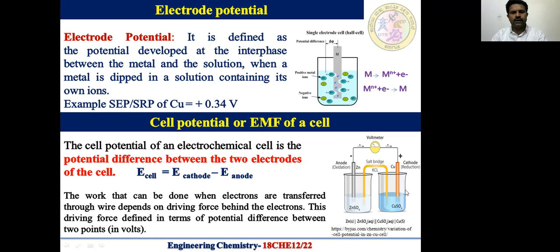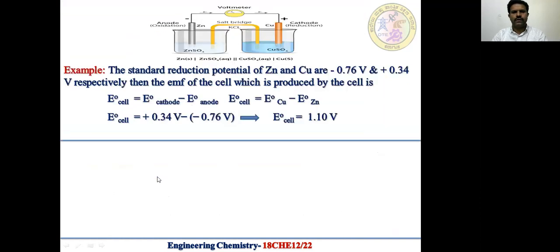Hence, we can write cell potential that is equal to electrode potential of cathode minus electrode potential of anode. So that gives EMF of the cell. Let's take an example.